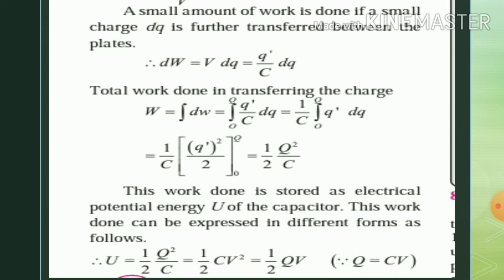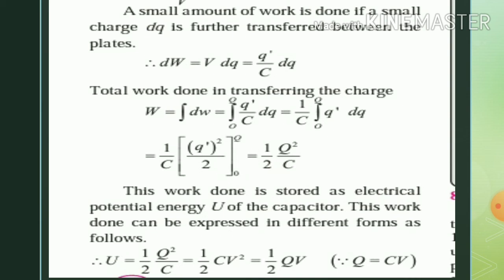This is the required equation of energy of the charged condenser in terms of charge and capacity, U equals 1/2 Q square upon C. Then this equation of electrical potential energy is converted in terms of capacity and potential, and also charge and potential.